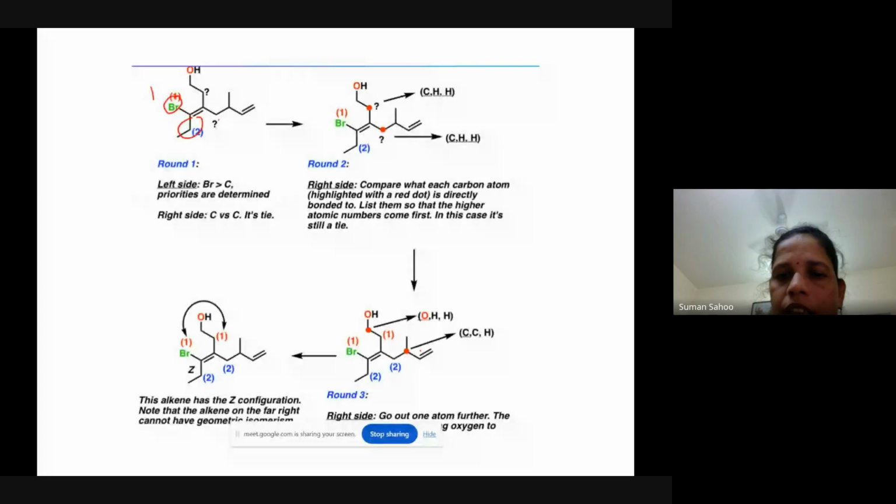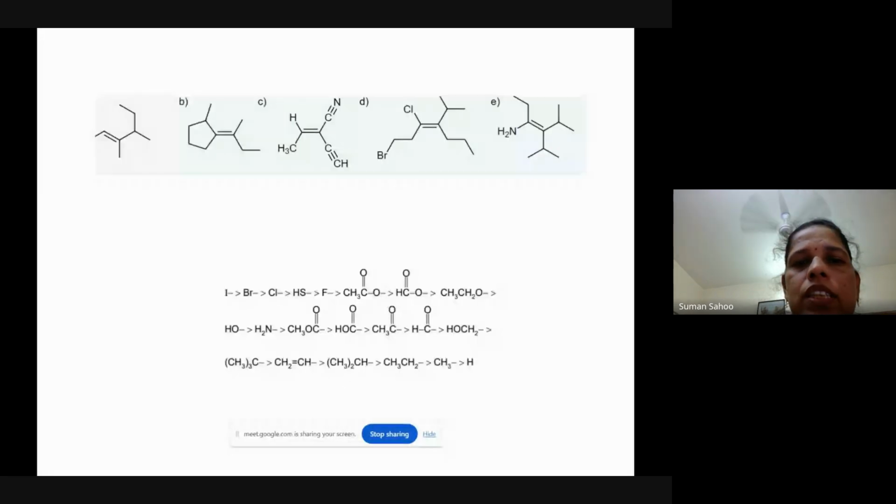But here the next point of attachment is oxygen and hydrogen. So this side would be given higher priority as compared to this one. So in this case, your rank 1 or higher priority groups are on the same side, so this is going to be Z. So you can assign EZ notations to any molecule.